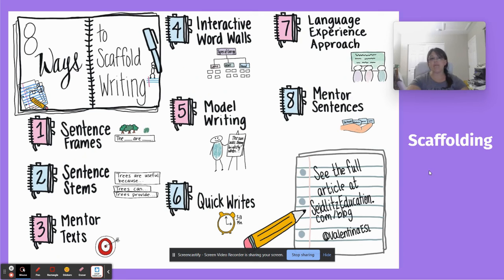When we're looking at scaffolds, like I said, it's essentially just an educational support. So ways of scaffolding writing, for example, if I tell the whole class that they're going to write 5 sentences about what they learned today, one way I could scaffold that for my students who require additional support, perhaps they have a disability, perhaps they're learning the language, then I might provide sentence frames instead.